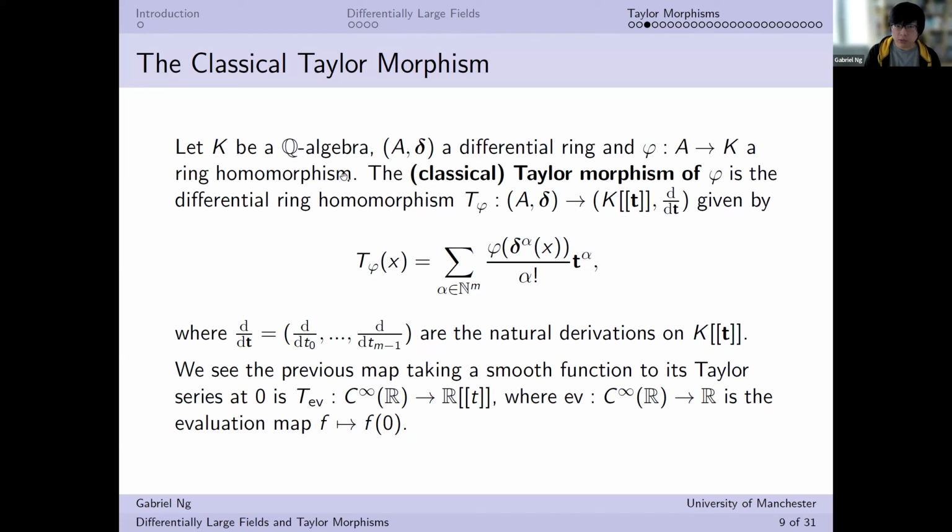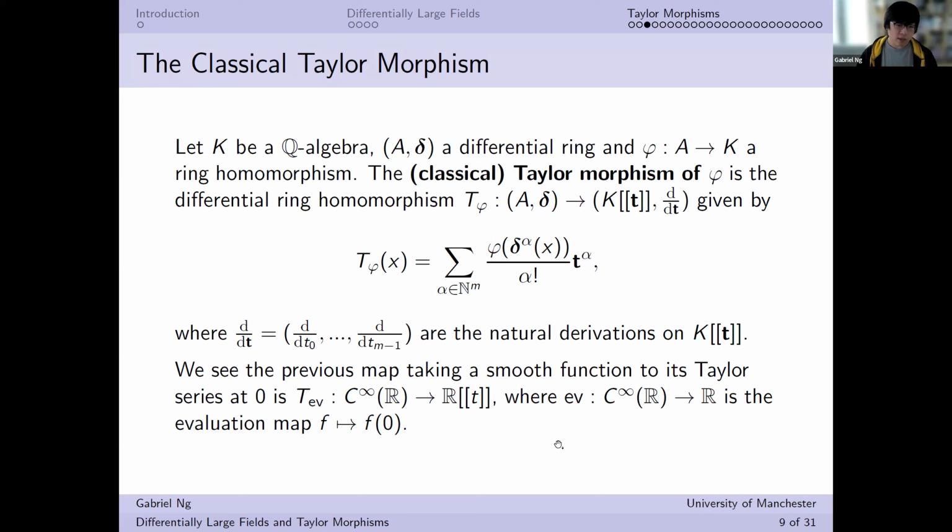So if we have K a Q-algebra and some differential ring A, and phi from A to K a ring homomorphism, then this classical Taylor morphism is just the differential ring homomorphism T phi from this differential ring A to the formal ring of power series in m indeterminates over K, given by just taking the Taylor series of every element via this ring homomorphism phi. And you can write it out and check that this is actually a differential ring homomorphism.